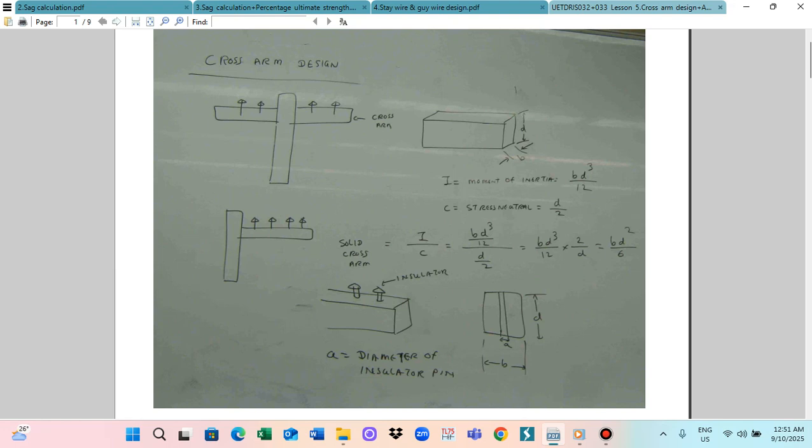So we install the insulator pin. So this is the insulator. So at the side view, what you see is like this.